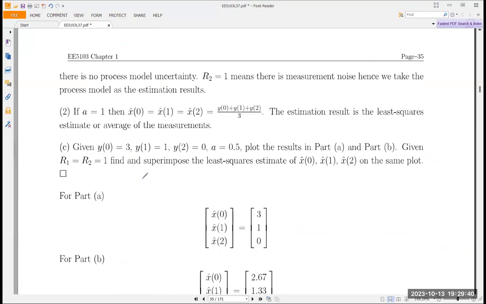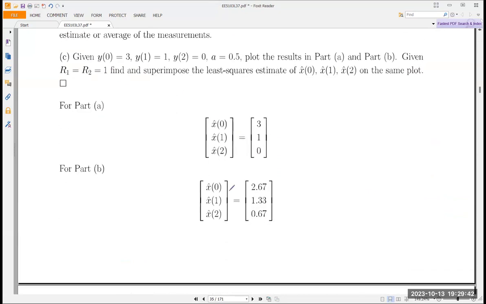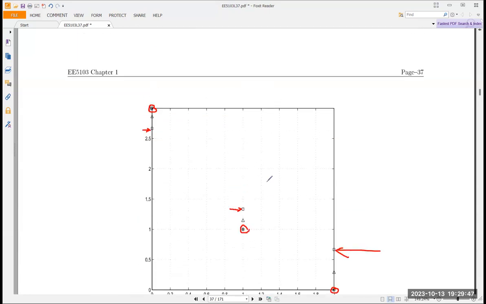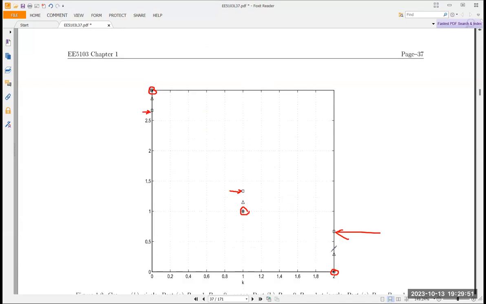That's why for part C, when you do the calculation, you get this. Inside here, you can see part C is here, here, here. The maths says, hey, I cannot be here, because trusting the gun completely doesn't mean I trust the thermometer completely either. So, depending on the ratio between R1 and R2, the maths says this should be the best guess.